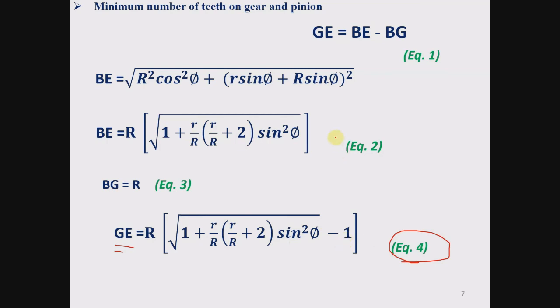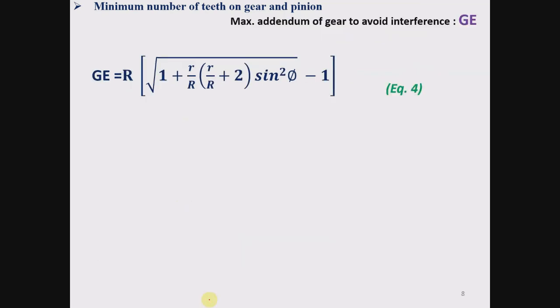Okay, so after substituting equation number 3 and 2 in 1, we get equation number 4, which will give the value of GE. What is GE? This GE is maximum addendum of gear to avoid the interference. Okay, what is GE? Maximum addendum of gear to avoid the interference.